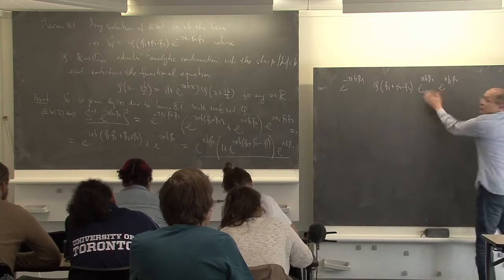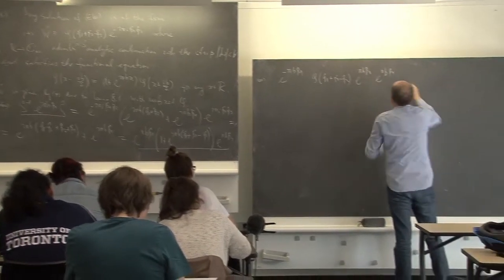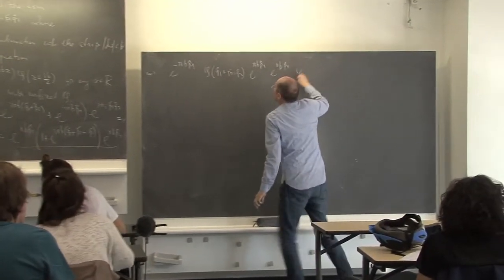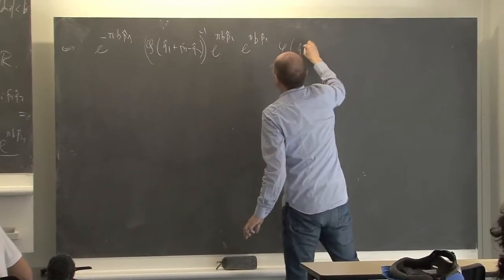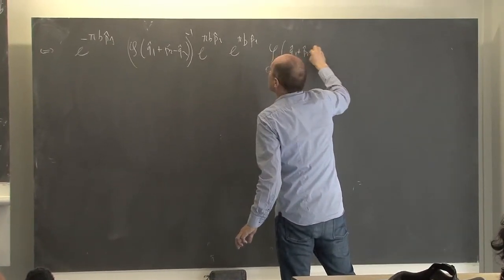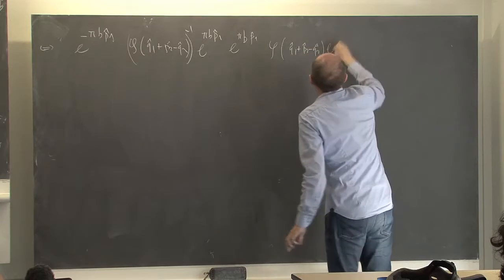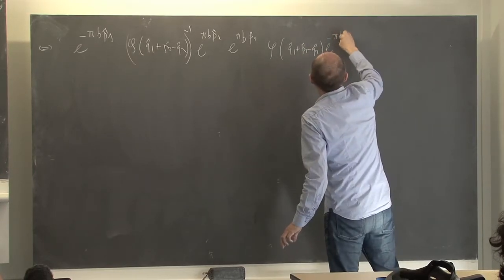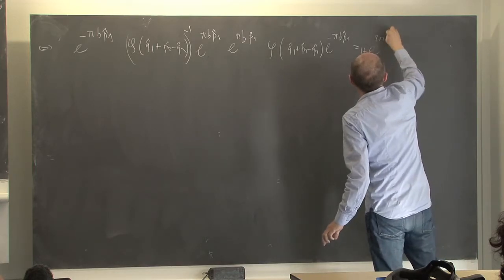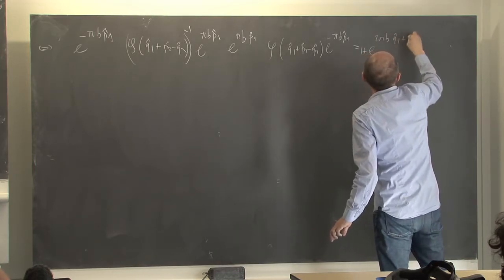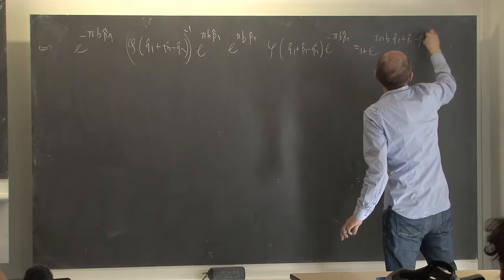So I put in two copies, and I split these two into, this is minus 1: phi of Q1 plus P2 minus Q2, e^{minus pi b P1} equals 1 plus e^{2 pi b (Q1 plus P2 minus Q2)}.